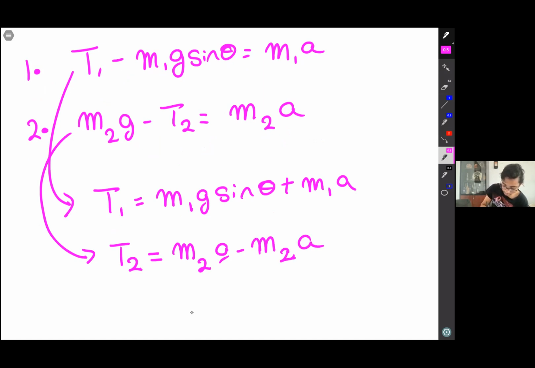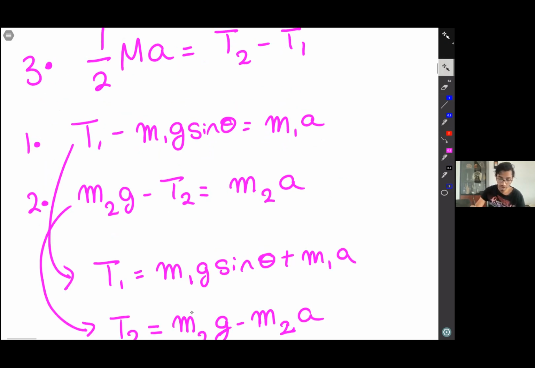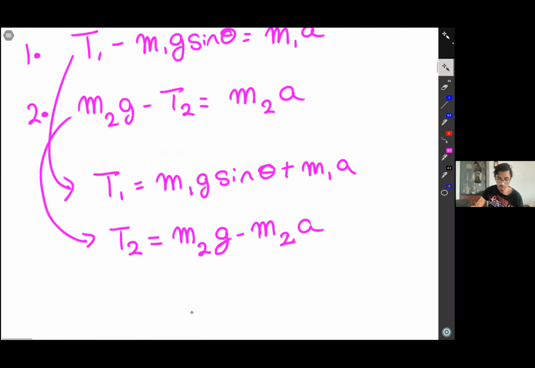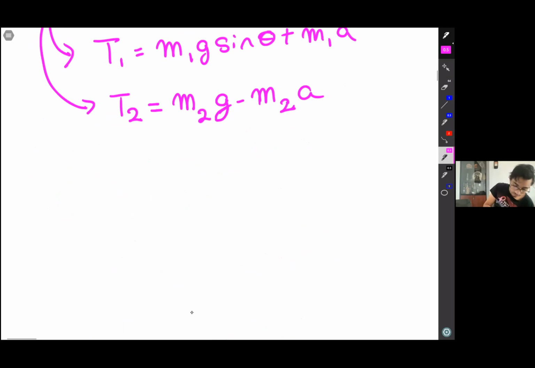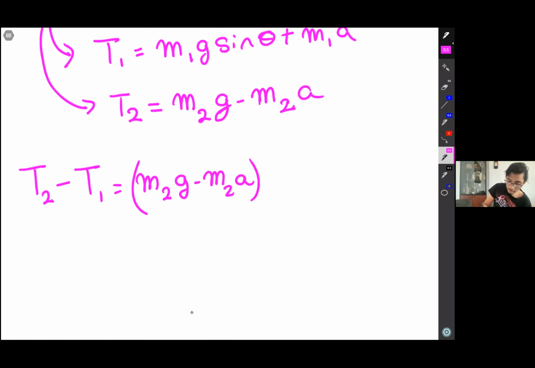Let me write this a bit clearer. There we go. Now notice I can get rid of them by subtracting T1 from T2 and saying they're equal to half MA. So T2 minus T1 will equal M2G minus M2A minus M1G sine theta plus M1A.